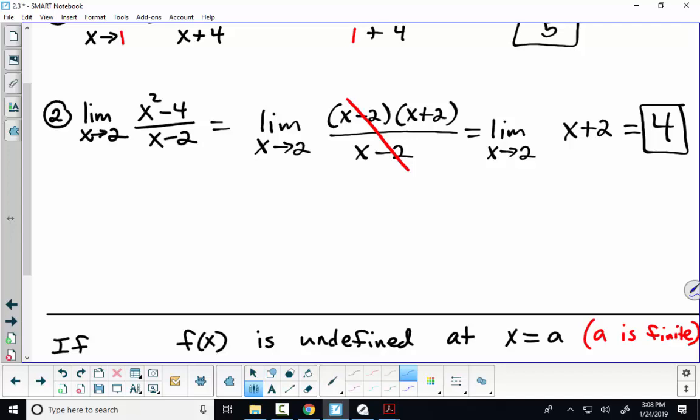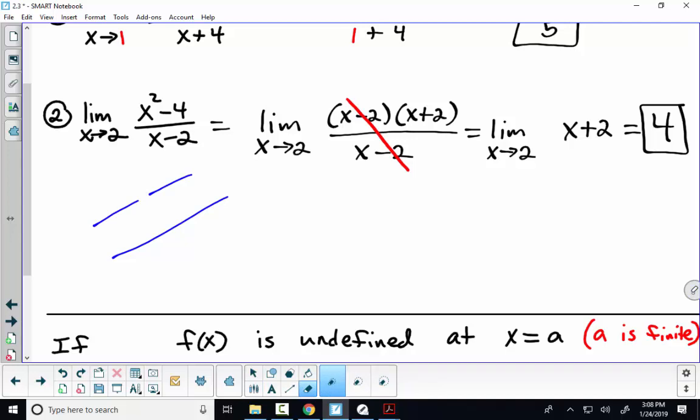What we're saying is that this function, x squared minus 4 over x minus 2, is algebraically equivalent to x plus 2, except this function looks like a linear function that has a hole in it, whereas if we were to graph just x plus 2, it looks like this. This function right here looks like this.